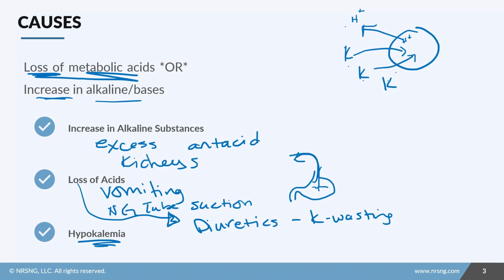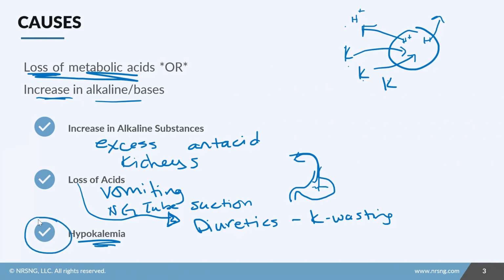And so I end up decreasing my amount of potassium in the bloodstream to try to fix this pH situation by bringing more hydrogen out. So it's the same concept, it's just in reverse. The problem here is it's kind of a chicken or the egg thing. Are we moving the potassium to fix the acid, or are we moving the acid to fix the potassium? So just know that alkalosis and hypokalemia are very, very closely related.